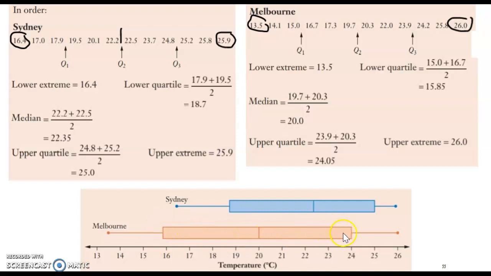The length of that box gives us the interquartile range, and remember this bit here is the median. Now you can see that Sydney has a higher median than Melbourne and a smaller interquartile range and a smaller range.